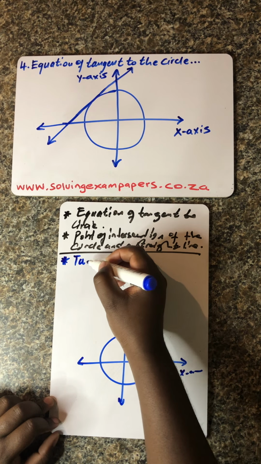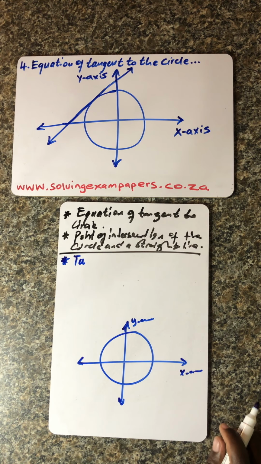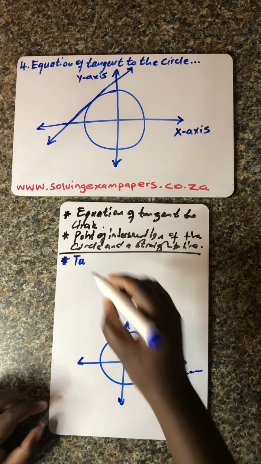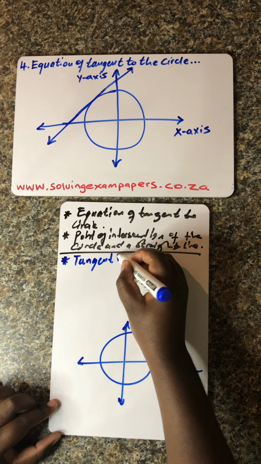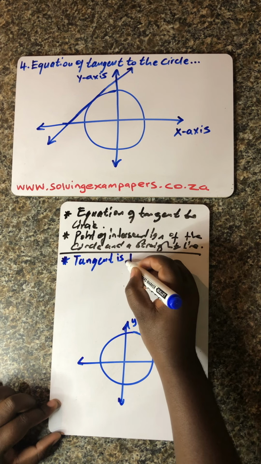This is a theorem. You can just write it down to say the theorem states that a tangent is perpendicular.